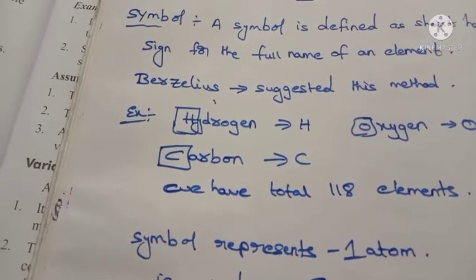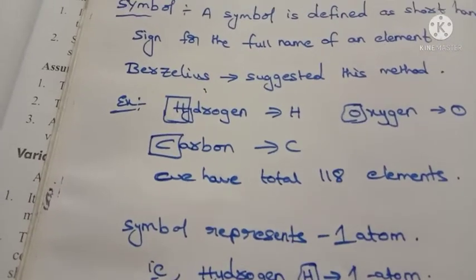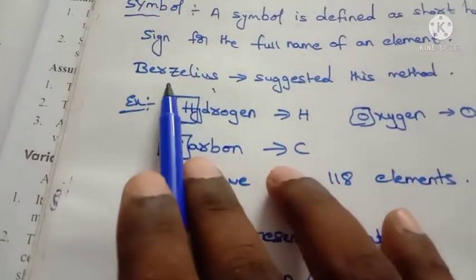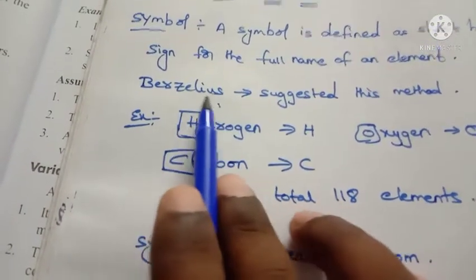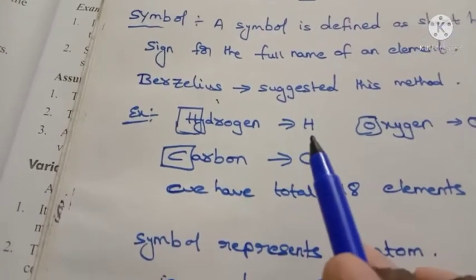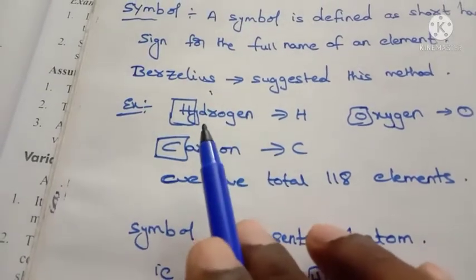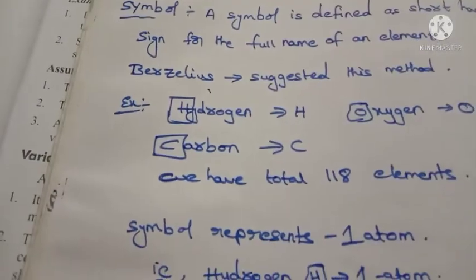Who suggested this method? Berzelius. He suggested this method of representing the elements, taking the first letter or first two letters.